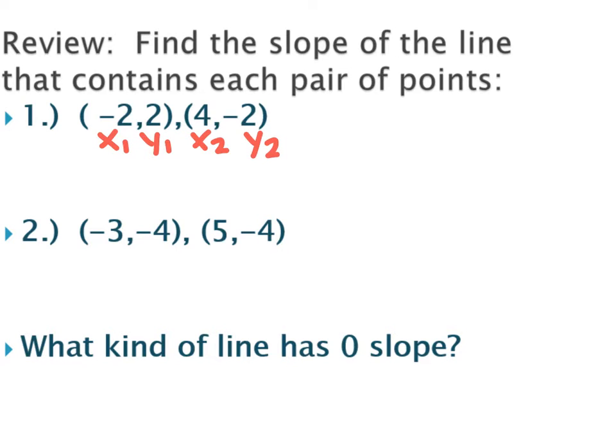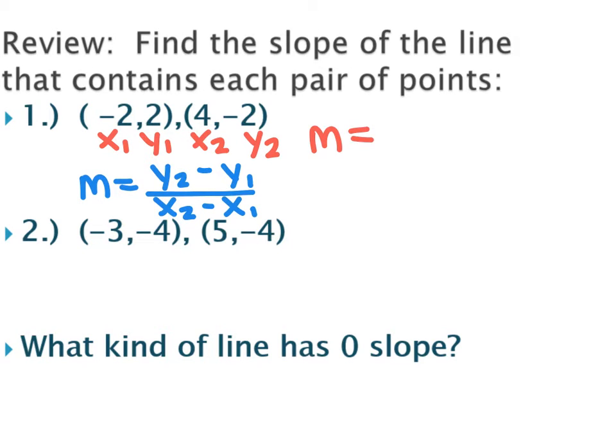And I'm going to plug it into my slope formula, which is y2 minus y1 over x2 minus x1. So if I plug this into my formula, it would be y2, which is negative 2, minus y1, so it's minus 2, over x2, which is 4, minus negative 2.